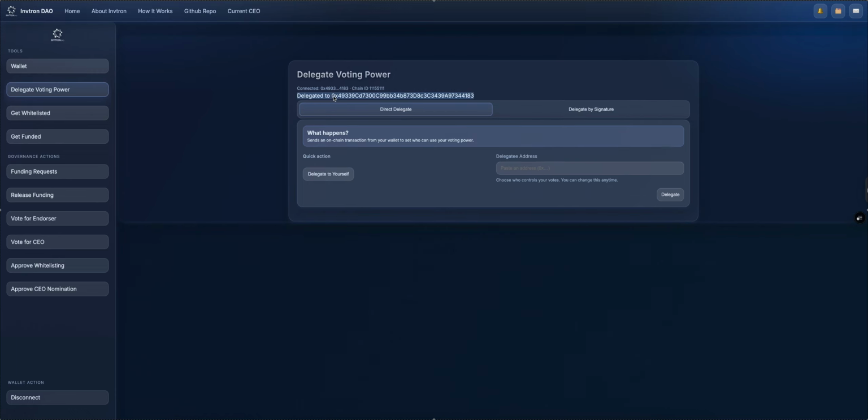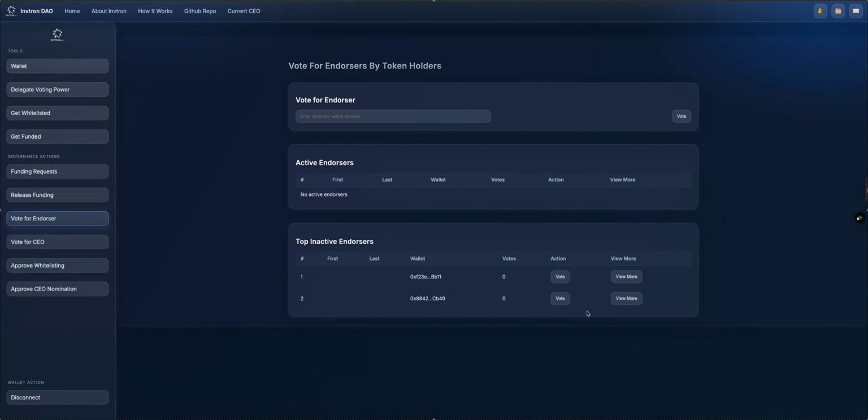Okay, as you can see here, this wallet now can vote for itself. Now we go back to the vote for endorsers and vote for this one.